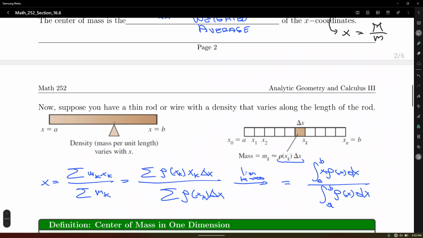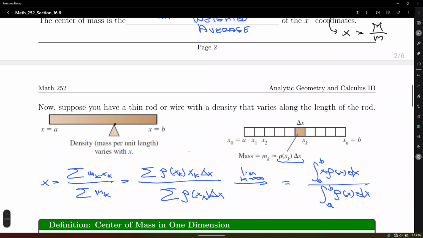So here we have this point of balance right here, and notice how we have the heavier part of the rod closer to the center of mass, and the lighter part of the rod a little bit farther away from the point of balance. That's again to keep the bar in balance.